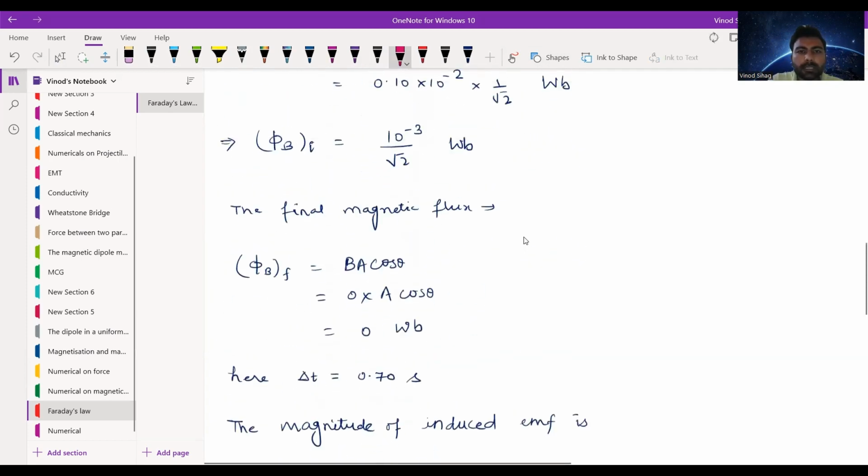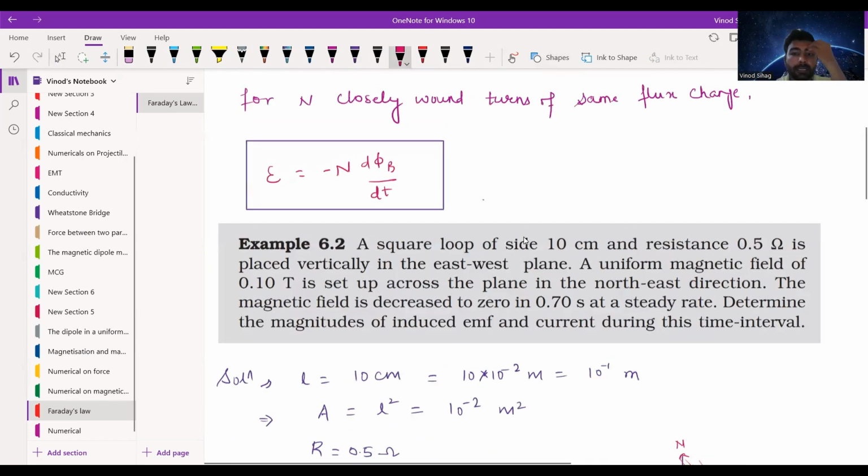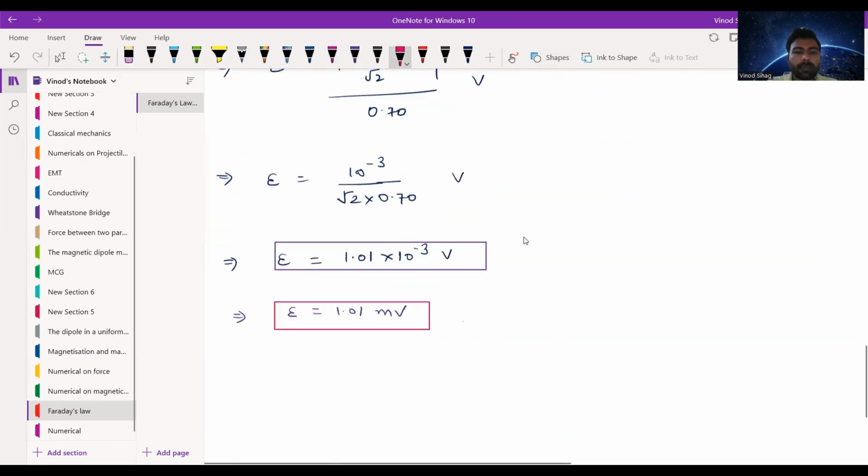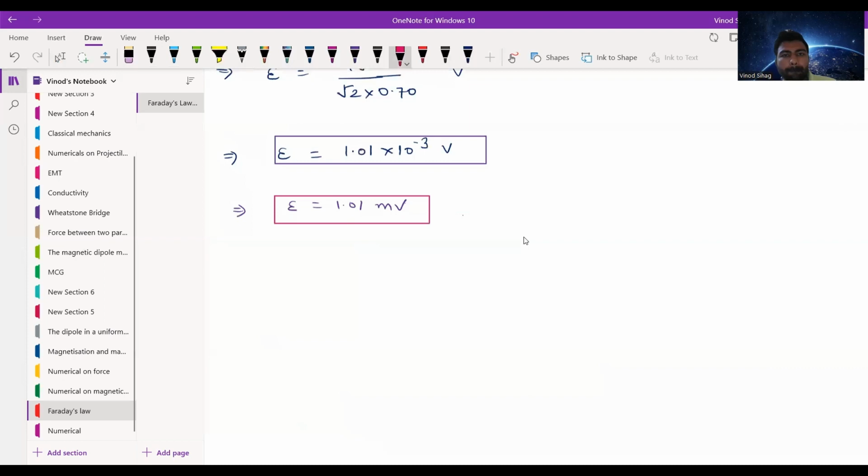Now in the second part, they are asking us to find out the current during this interval. So what will be the current? The induced current is I equals EMF upon resistance.